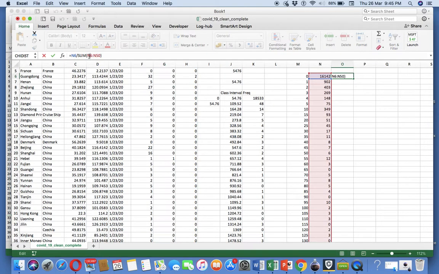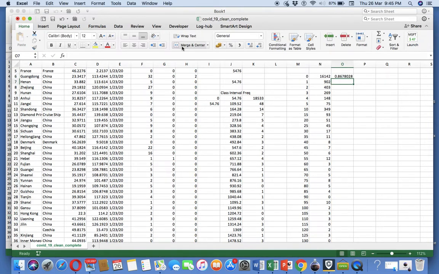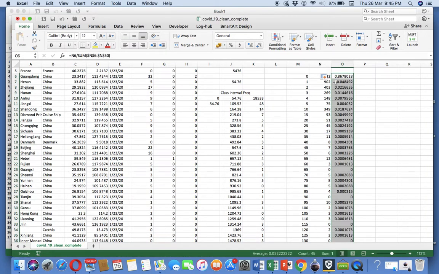I'll just fix this because otherwise it will start running away. So it's 86%. There's just a 4% probability that there will be 1 death per day. And there's just a 2% probability there will be 2 deaths per day. And this way we can find out the probability.